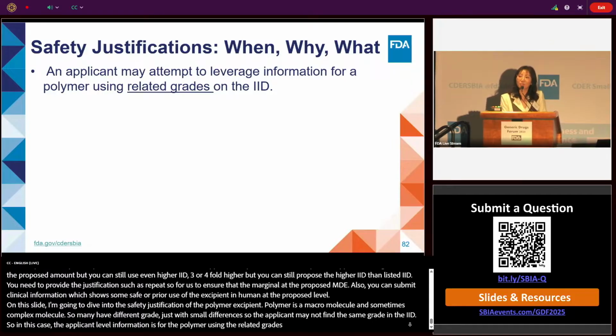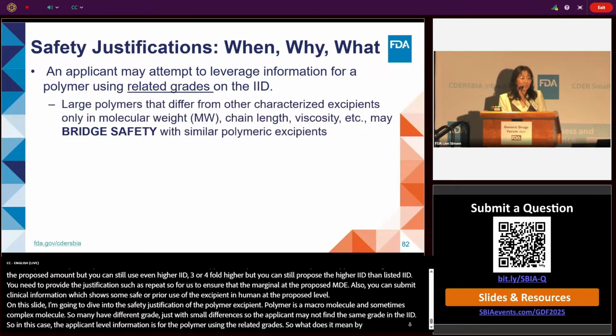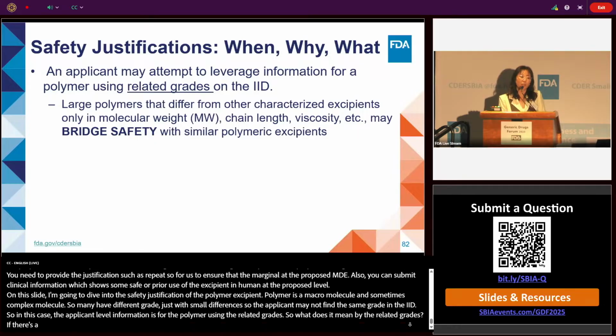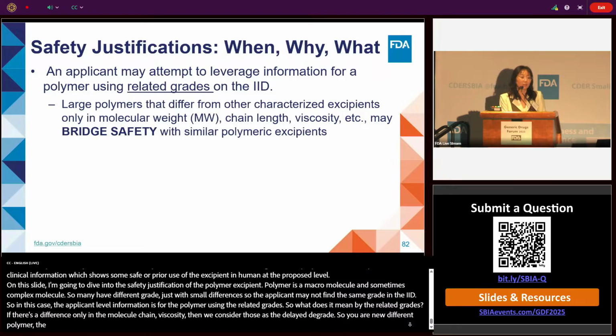What do we mean by related grade? If there are differences only in molecular weight, chain length, or viscosity, then we consider those related grades.